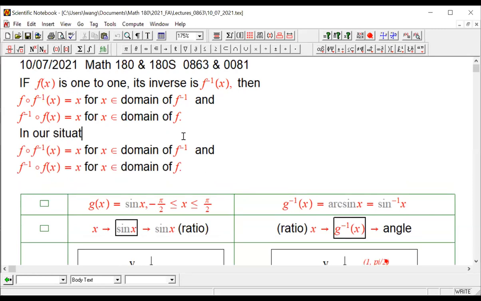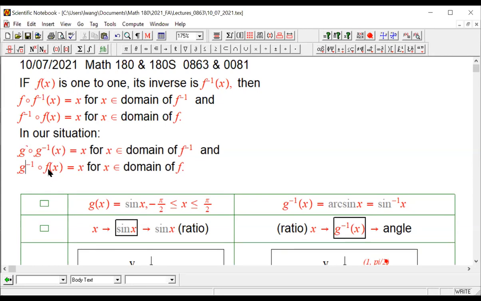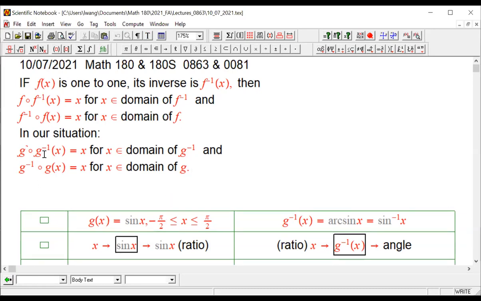Are you guys writing it down with me? The F turns into G. That's an easy substitution.